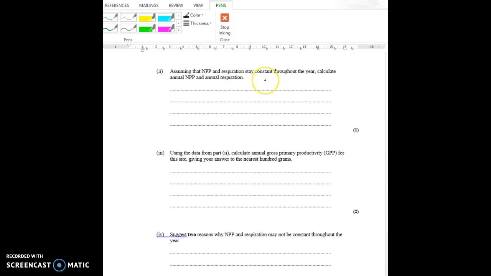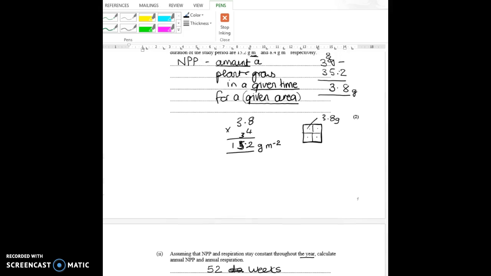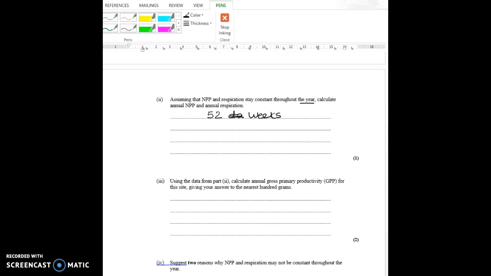So assuming that NPP and respiration stay constant throughout the year, now we're changing the time. We looked at it for 1 week. Now we want to look at it for 52 weeks instead of 1 week. So our annual NPP, in 1 week, we said that we had 15.2 grams, so 15.2 grams per meter squared in 1 week.